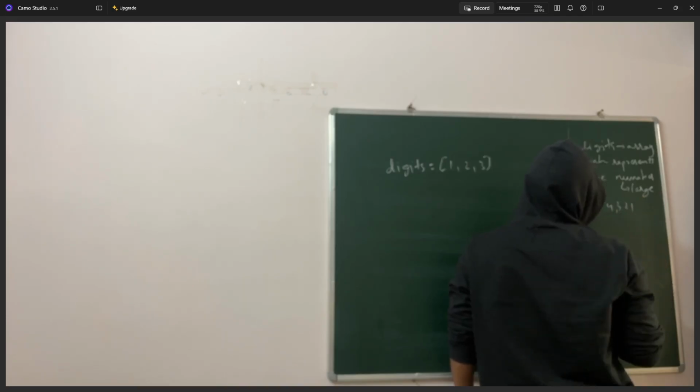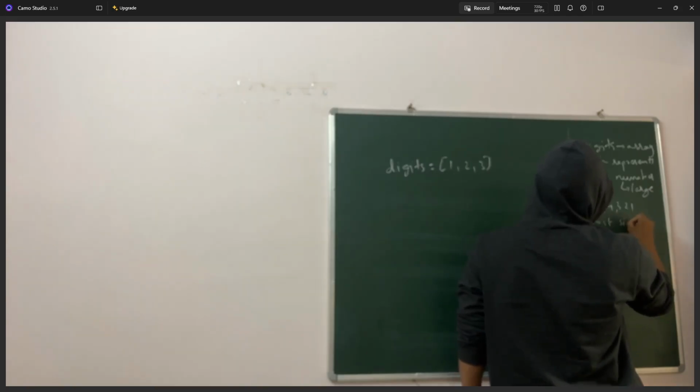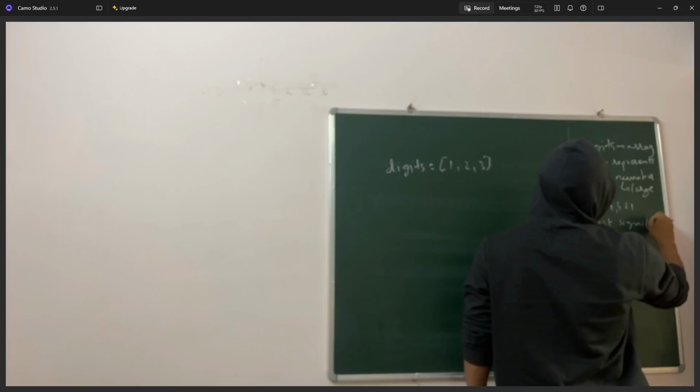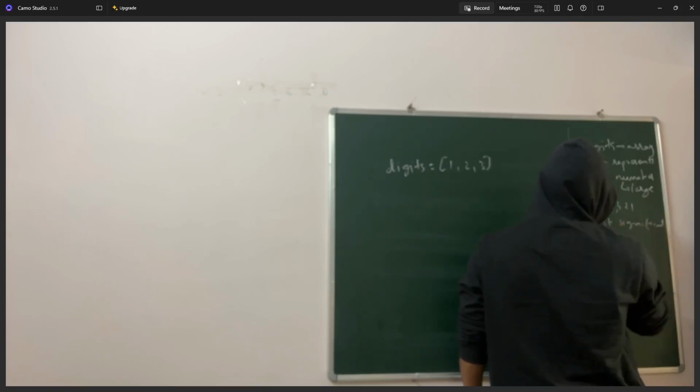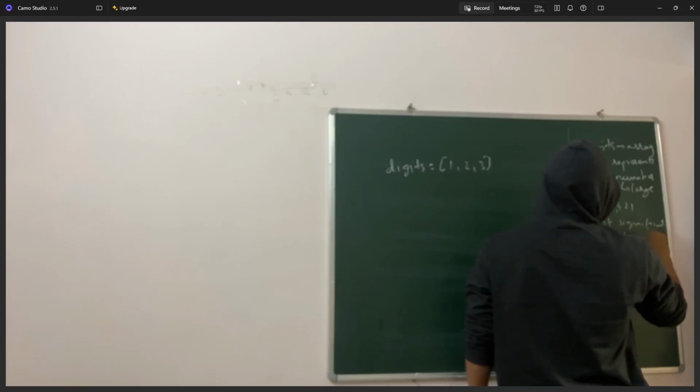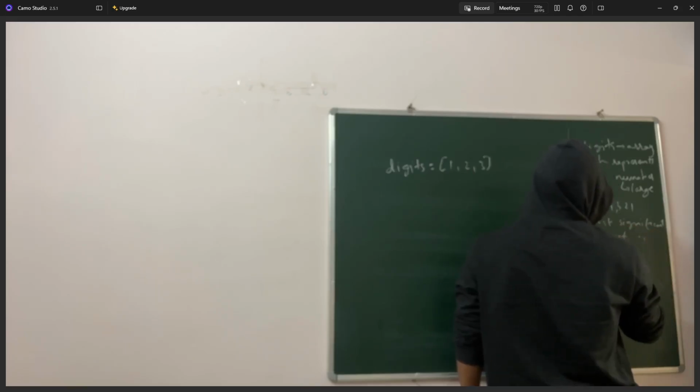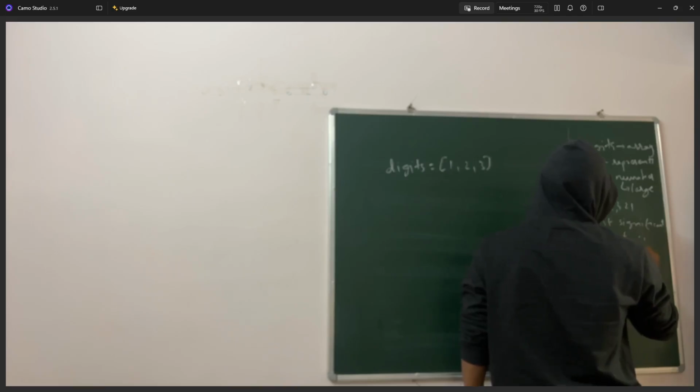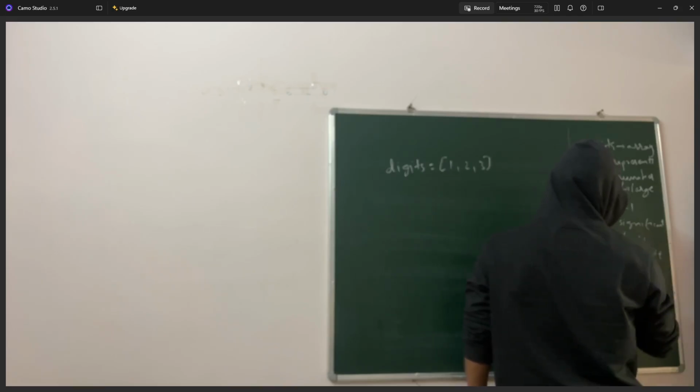So they have said most significant to least significant is from left to right in the array.